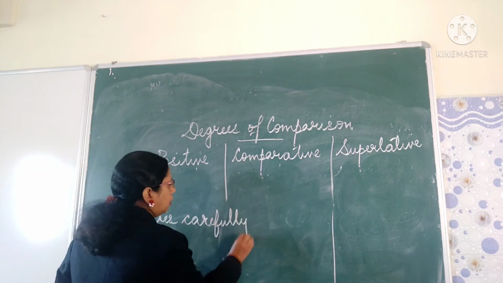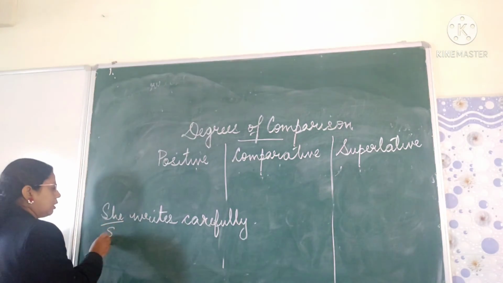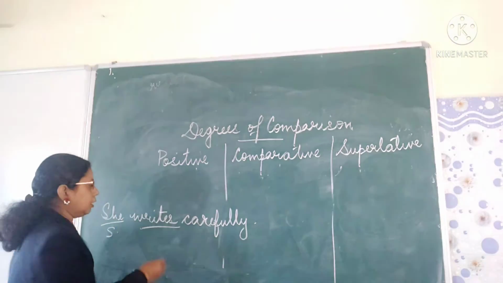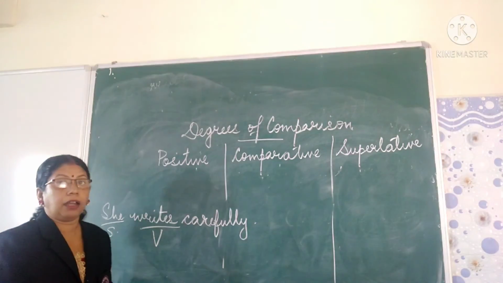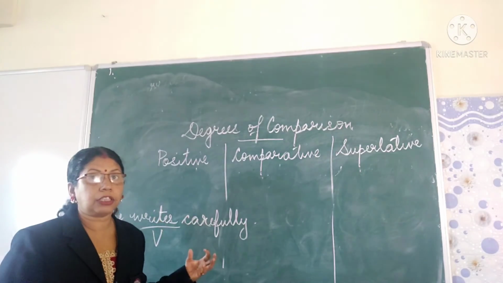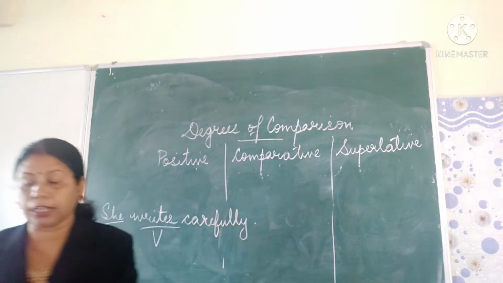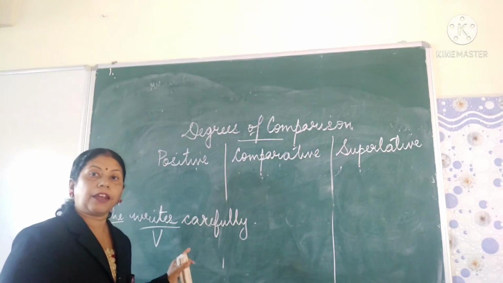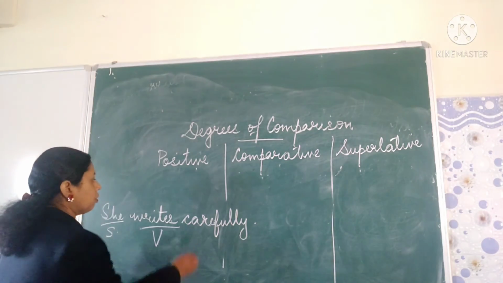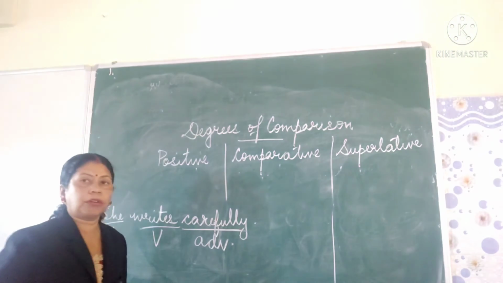She is my subject. Writes is my action, so it is the verb. How does she write? I am describing this action word. She writes carefully. So carefully is describing my verb writes, and this is your adverb.